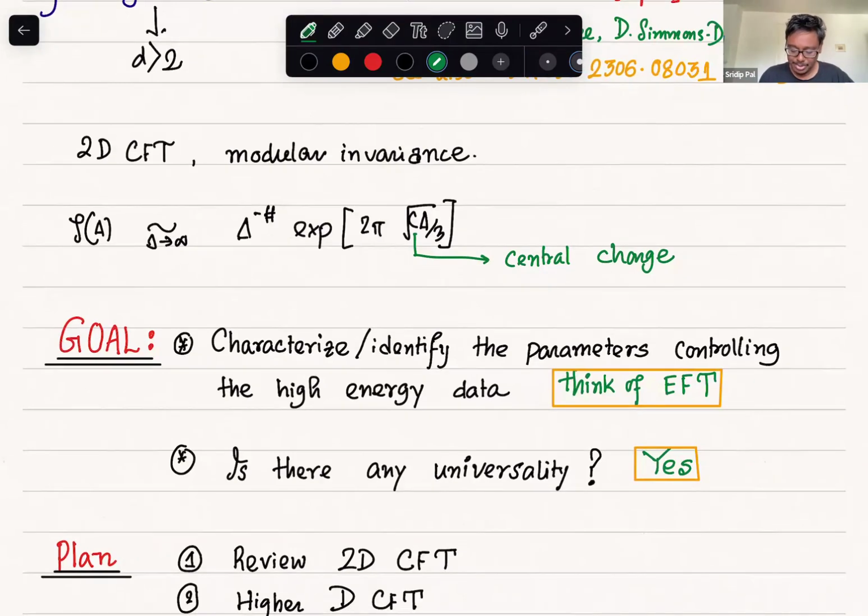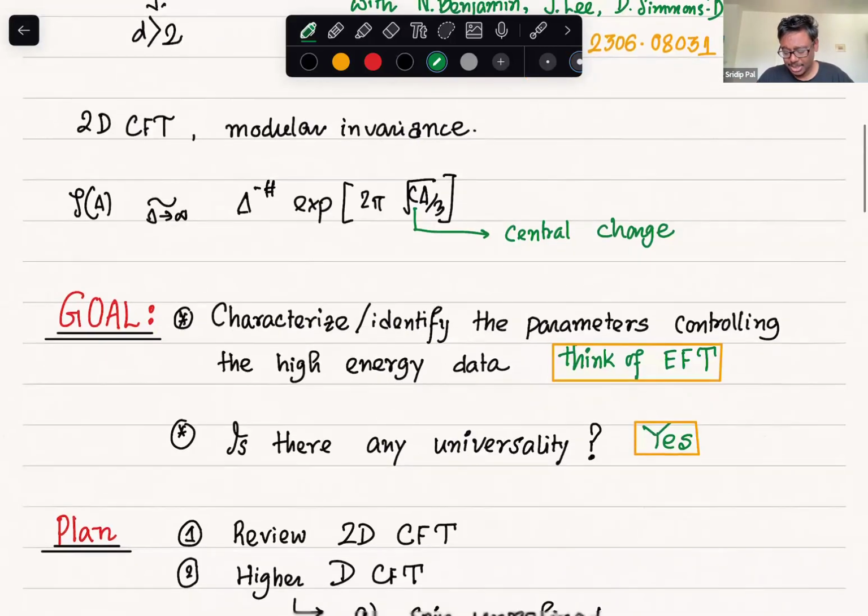Whenever we want to characterize such parameters, we should think of some kind of effective field theory. The idea is to write down an effective field theory which controls the high temperature behavior, and this effective field theory will be a proxy for modular invariance in higher dimension.